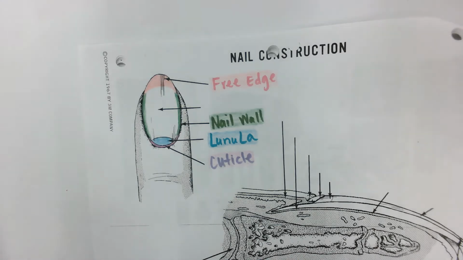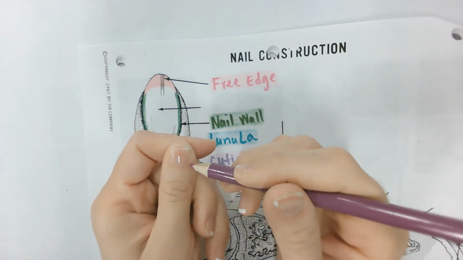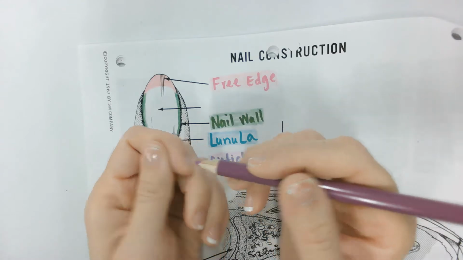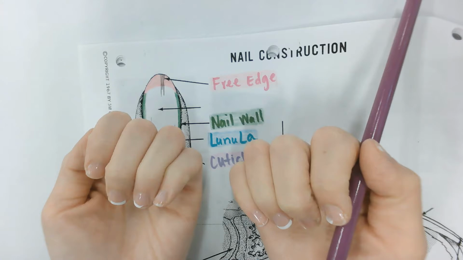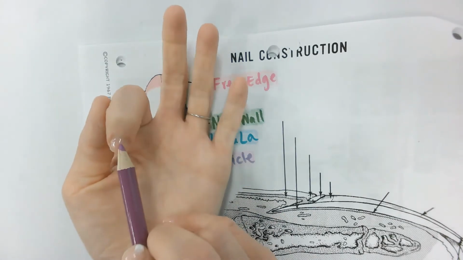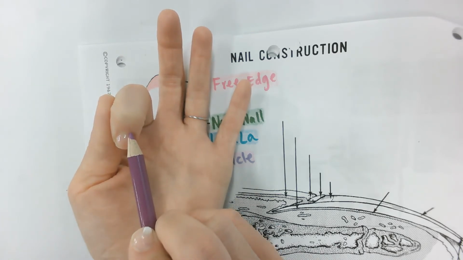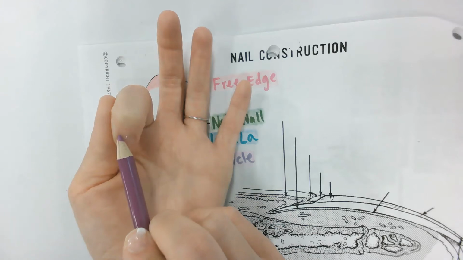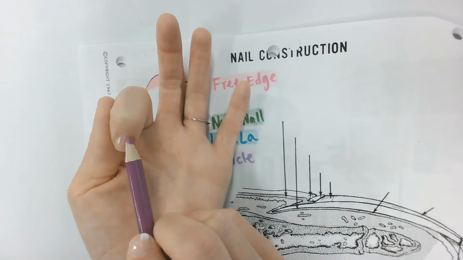So your nail is growing, and it's stretching, and sometimes you can see how stressed your skin is when you don't push the nail back. If you look at your nails now, you can probably see that stress on the skin. I know I need a manicure, don't judge, okay? So when you don't push the cuticle back and you don't nourish your cuticles with cuticle oil or lotion on hands, it stretches so much that it can't stretch anymore and it tears.